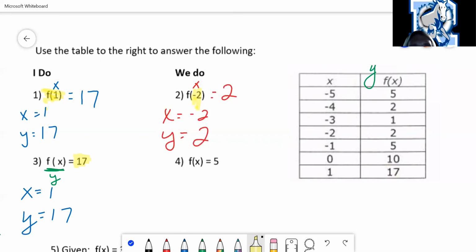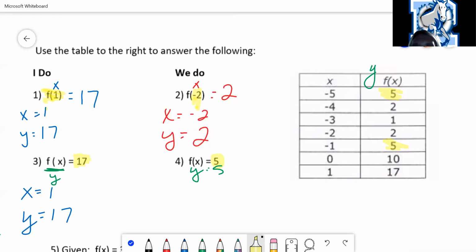On number 4, it's telling me f of x is 5. It's saying y equals 5. Let's go in the f of x, the y column over here, and find where it's 5. Here's one. But then some people are saying, wait a minute, there's 2 of them.